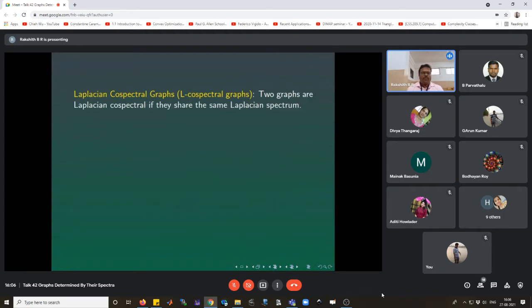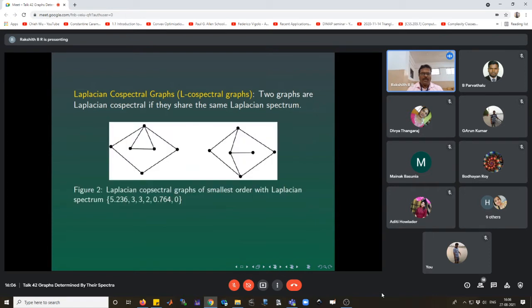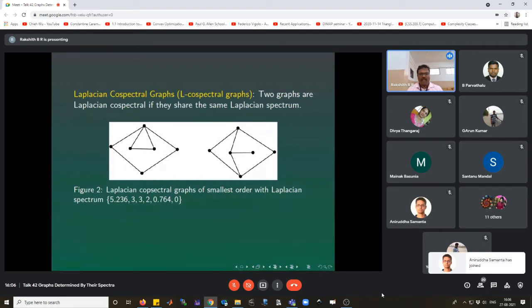Coming to Laplacian co-spectral graphs, the definition is similar to that of adjacency co-spectral graphs. We say that two graphs are L co-spectral if they share the same Laplacian spectrum. A simple example for Laplacian co-spectral graphs would be the graphs shown in figure 2. These two graphs are non-isomorphic, but still they share the same Laplacian spectrum.